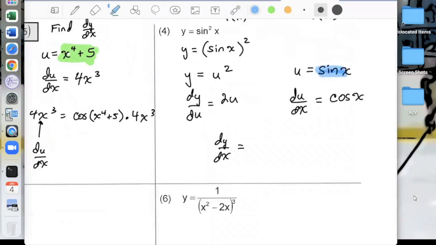So since we know the u is sine of x, I could replace it right on the fly here. So 2 sine x multiplied by cosine of x is what the derivative would be here.